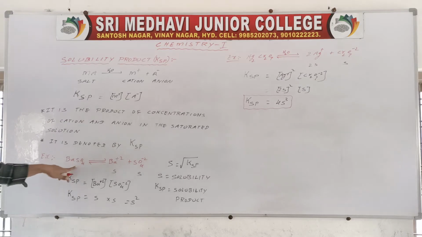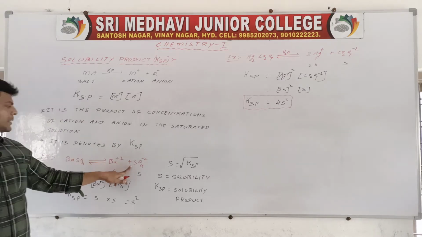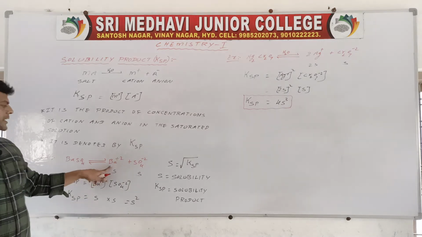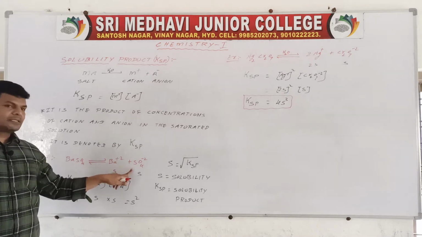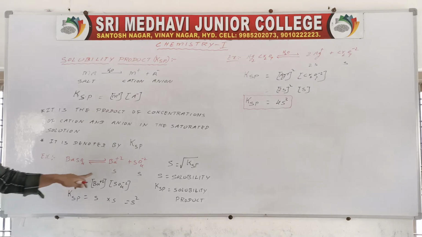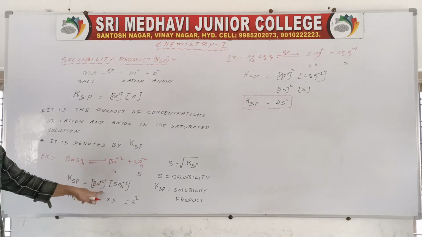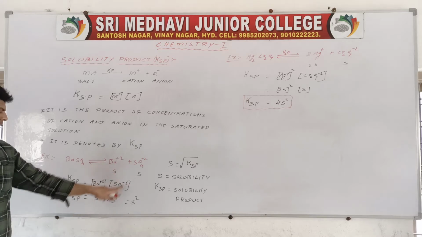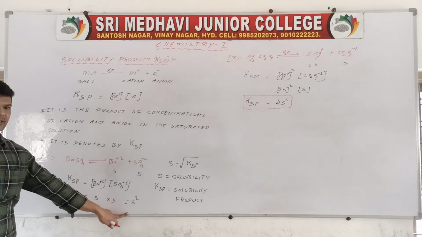For example, BaSO4 can be divided into Ba plus 2 and SO4 minus 2, barium ions and sulfate ions. So KSP equals cation concentration times anion concentration. Each concentration is S, so S into S, S square.